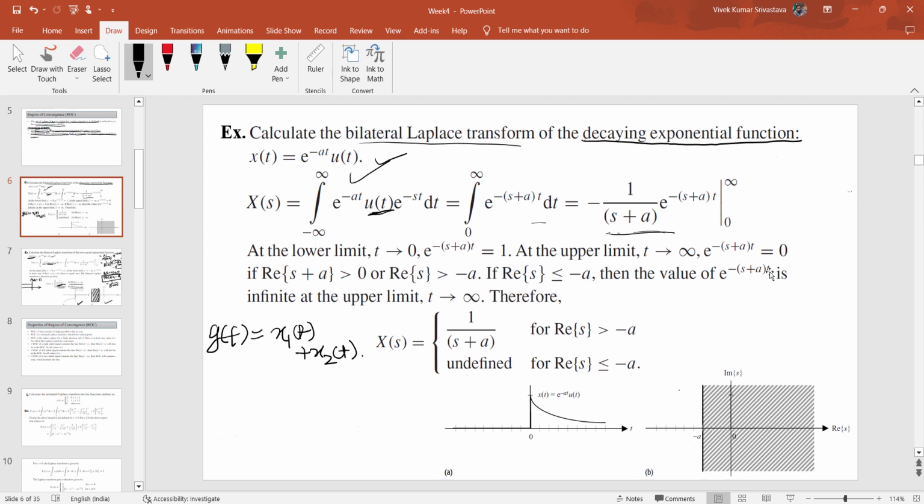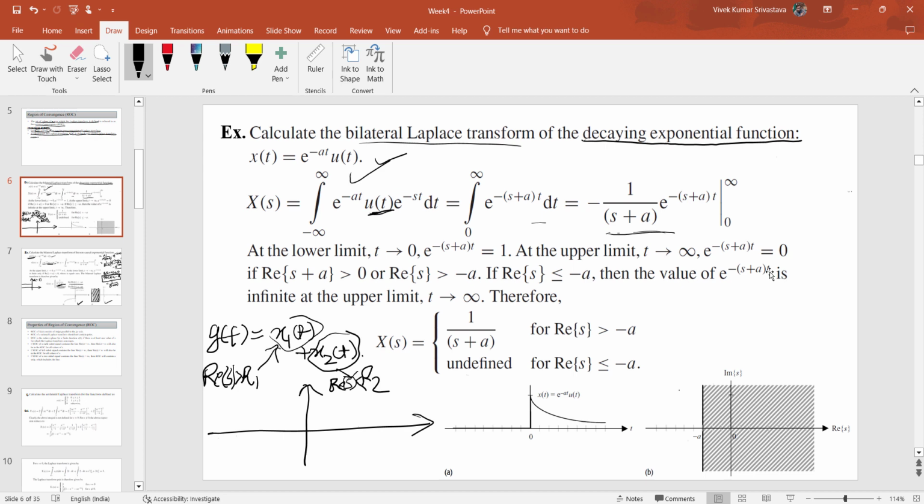If the region of convergence corresponding to x1 is R1 and the region of convergence corresponding to x2 is R2, then when you plot them, for x1 the real part of s will be greater than R1, and for x2 the real part of s will be less than R2.